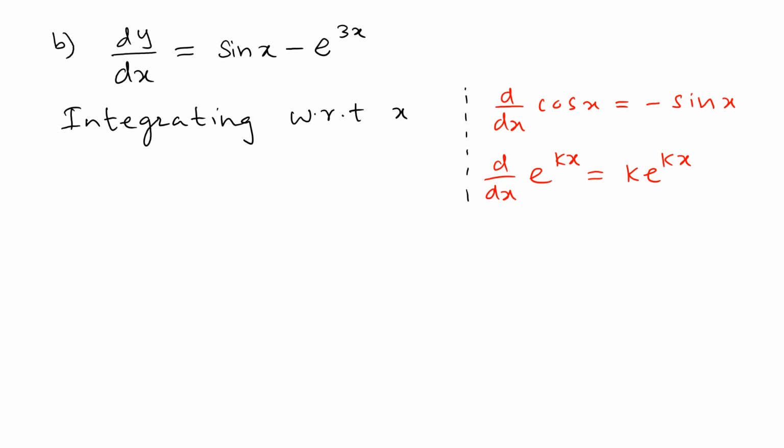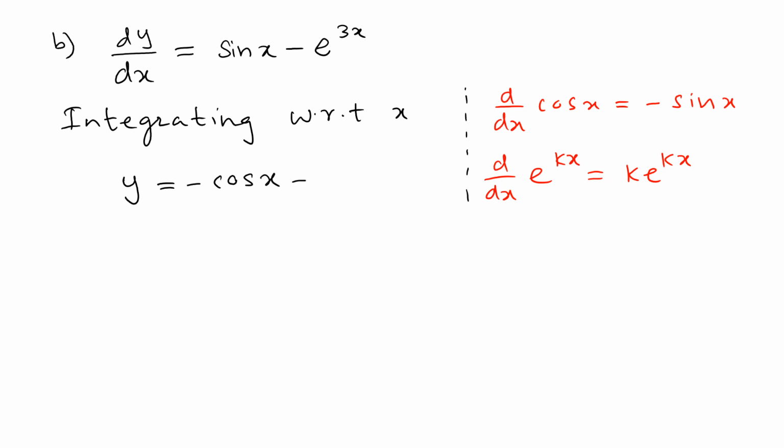On the left side you get y, and on the right side, because this is sine x, you should start with negative cosine, since starting with cosine would give negative sine. Then that negative sign gets cancelled out, so that takes care of the first term.